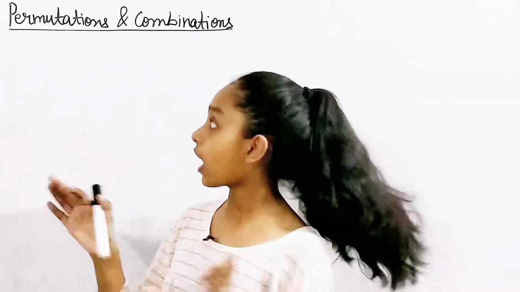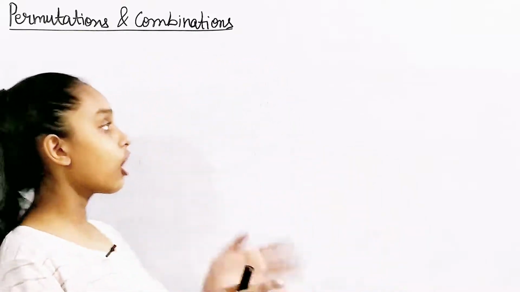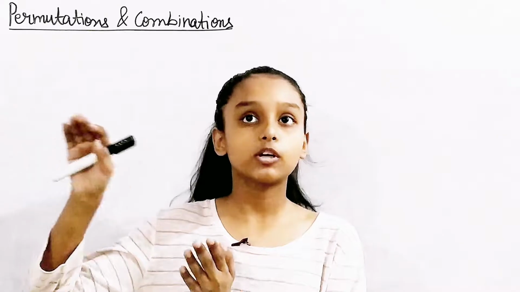So today we're going to continue our 7th chapter, which is Permutations and Combinations. In this video, first of all, we'll be discussing some questions related to the factorial notation, so that later when we're solving questions, we'll make sure not to get confused in this factorial thing.